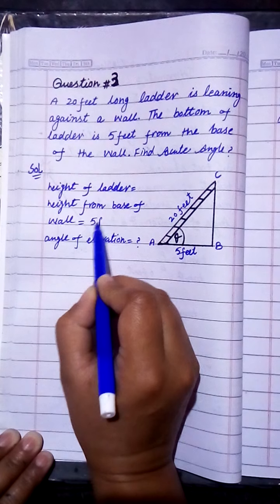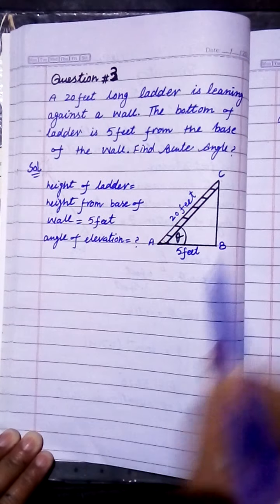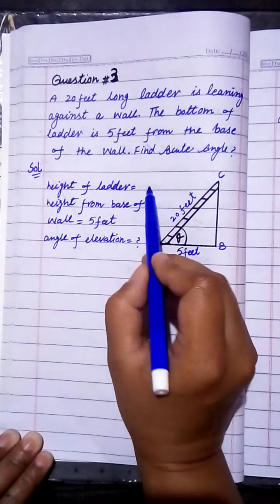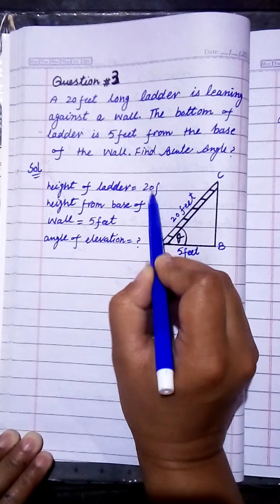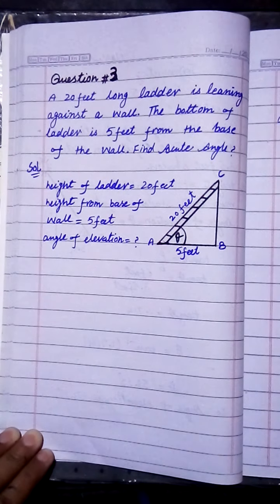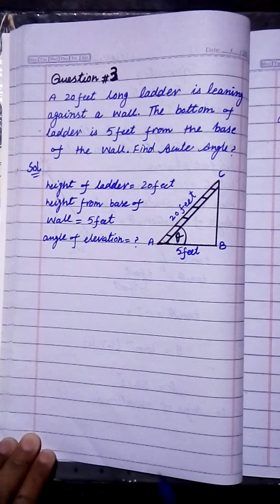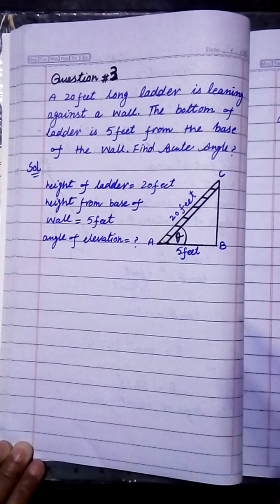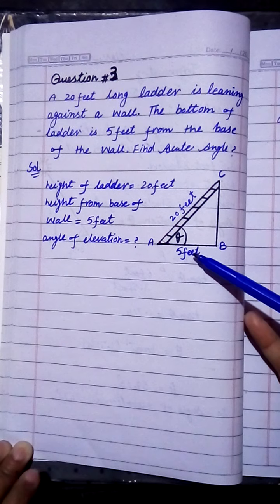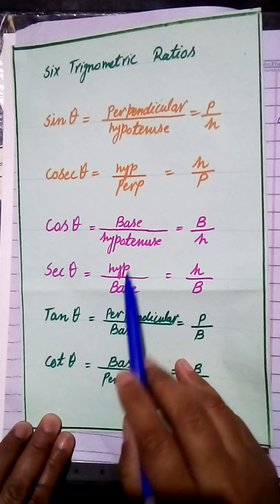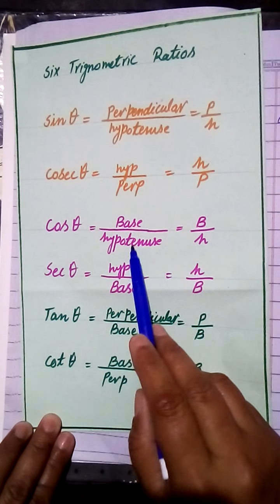The length of the ladder is 20 feet, and you have to find the angle of elevation which it makes with the ground. So hypotenuse and base are given here. That is the hypotenuse, that is the base.